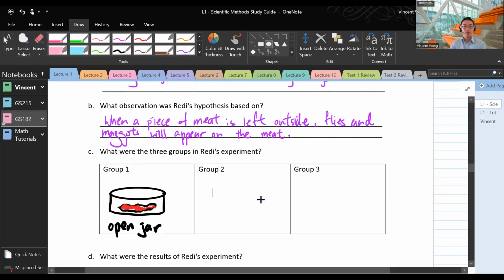And in group number 2, he has the same jar, but he will put a mesh netting on top. And again, we have a piece of meat inside. So this is the jar with netting.